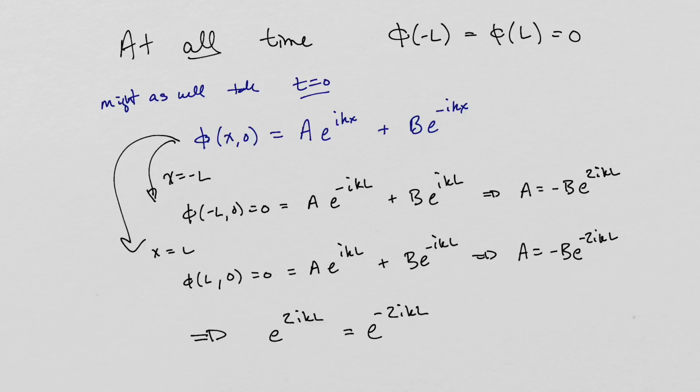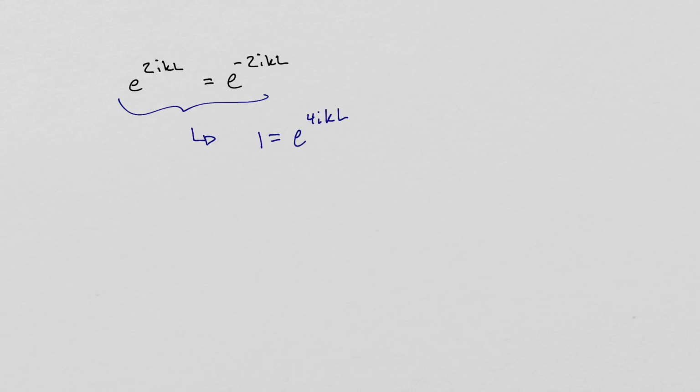How I like to do this is I like to take this expression, and let me put it on a new page. And I actually like to solve it for 1, right? So I'm going to say 1 is equal to, and I'm going to multiply both sides by e to the 2ikL, so I get e to the 4ikL. You're probably tired of me saying ikL.